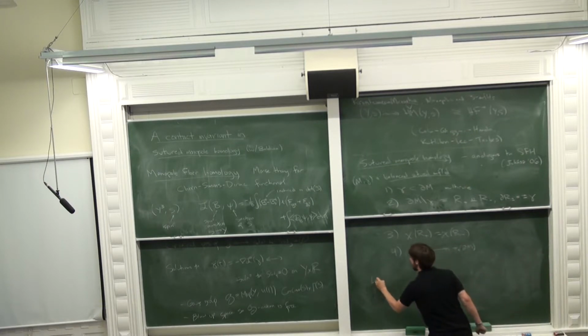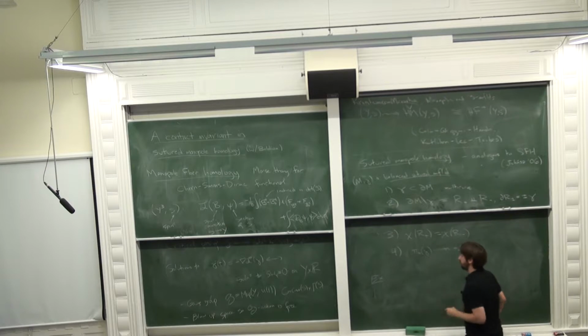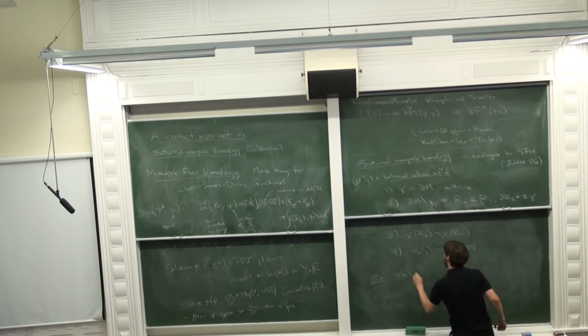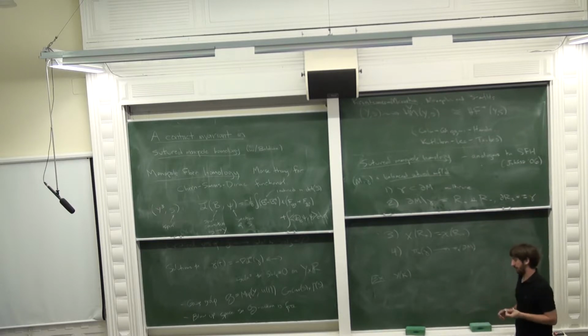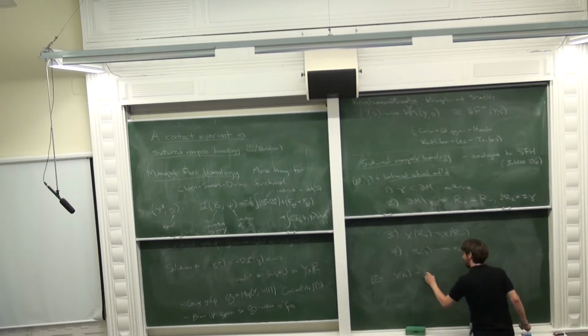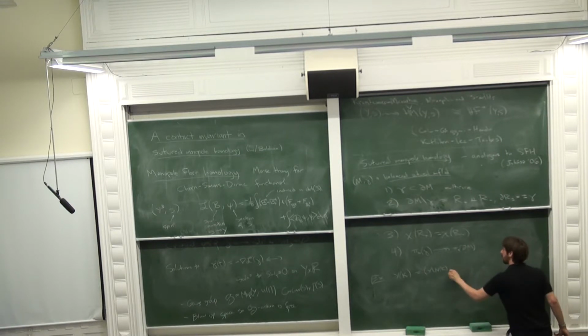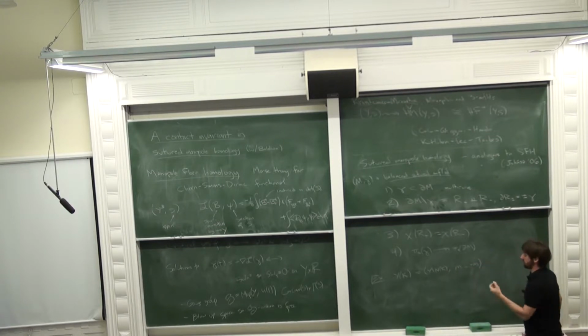Just some quick examples. One we've already seen in the initial motivation, something often denoted Y(K), where K is a knot. You just take the neighborhood of the knot out of your manifold, so Y minus the neighborhood of K, and then you take a meridian and another meridian with the opposite orientation.